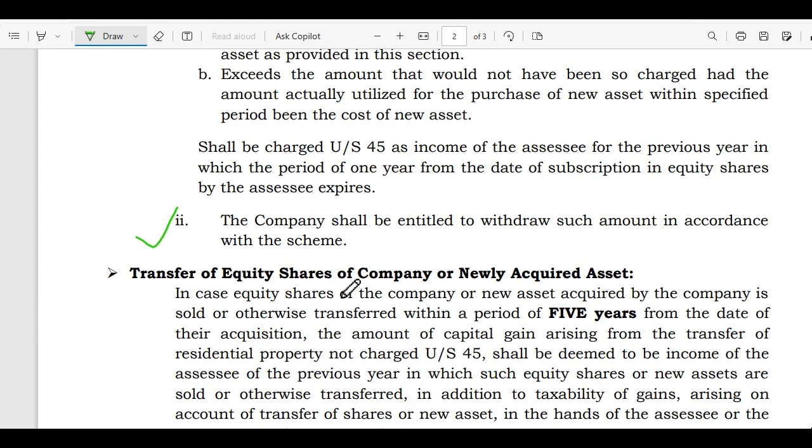Transfer of equity shares of company or newly acquired asset.